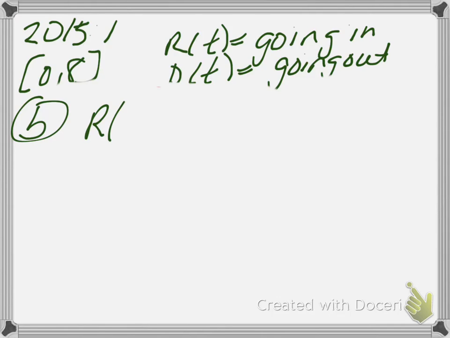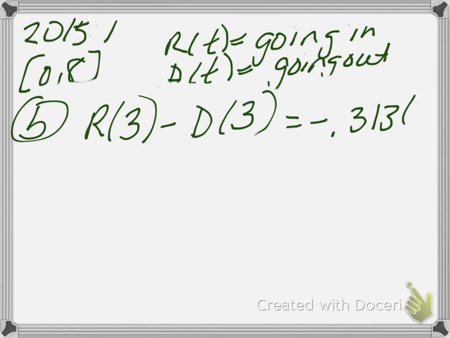Well, it would be the water going in minus the water coming out. You don't have to take the derivative of this, because the original R of T and D of T are the rates already, so that already is the derivative. You're going to put this all into your calculator and get negative 0.3136.